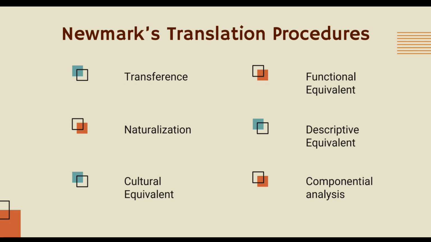It includes transliteration and is the same as what Harvey, 2005, named transcription. Transference, or loanword transcription, is the process of transferring a SL word to a TL text as a translation procedure.